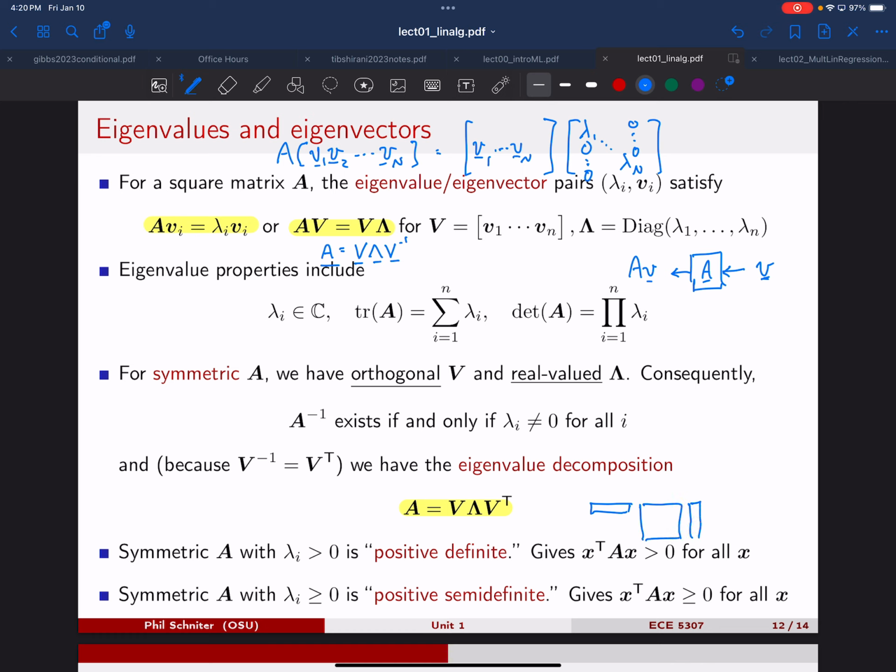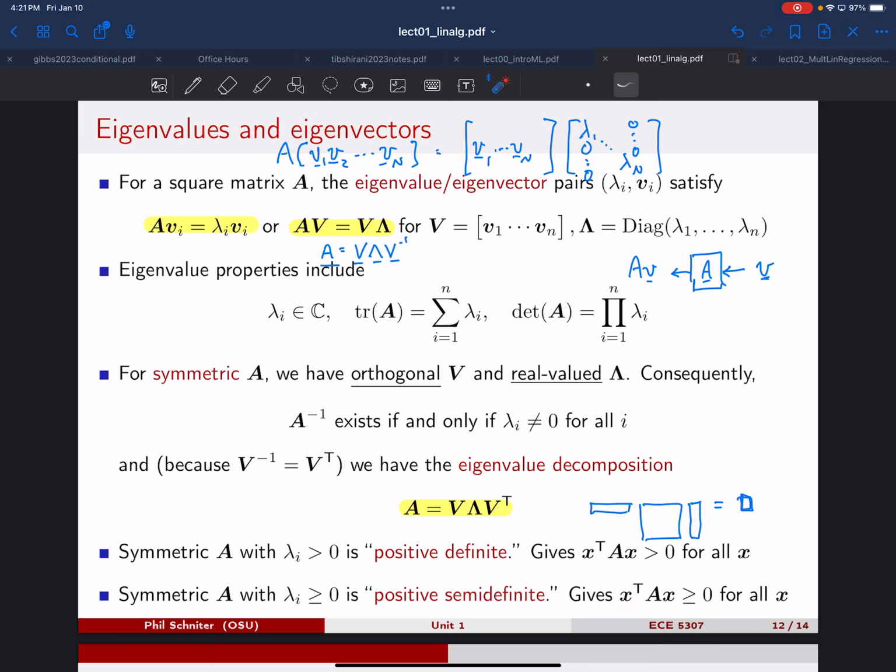X is a column vector. What is the shape of that thing that comes out of there? Is it a matrix? Is it a vector? Is it a scalar? It's a scalar, exactly. This scalar value is guaranteed to be positive when you have this positive definite symmetric matrix. Likewise, when you have this positive semi-definite symmetric matrix, this, we call this a quadratic form, is guaranteed to be non-negative. And that's no matter what X is.